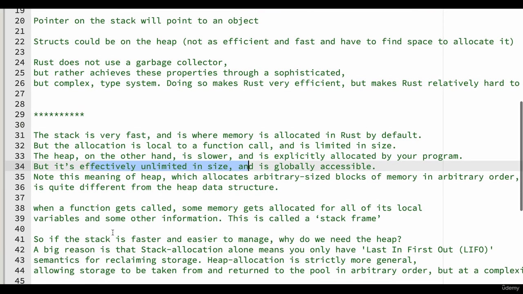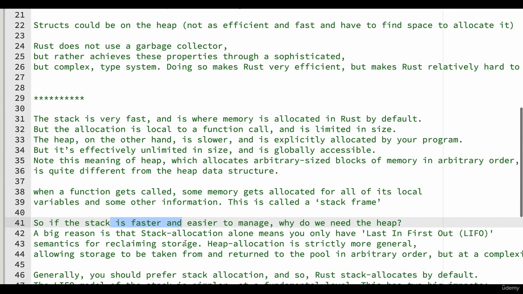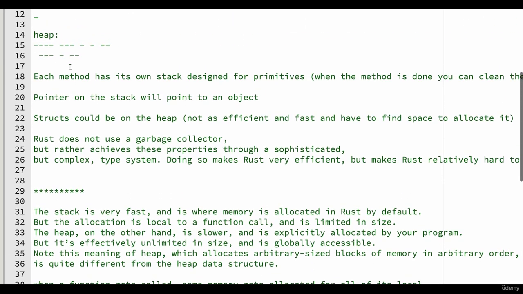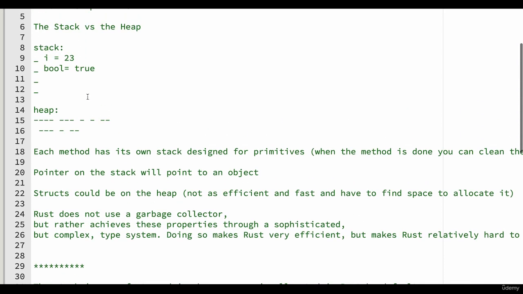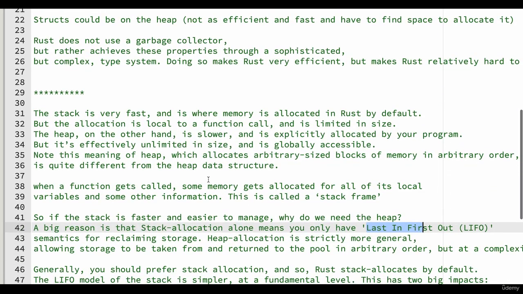That leads us to the question: if the stack is faster and easier to manage, why do we even need this messy heap? Well, a big reason is that stack allocation alone means you only have last in, first out. One at a time, you're coming in, you're going out. We call that LIFO.